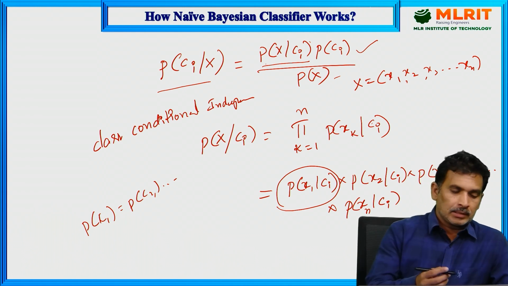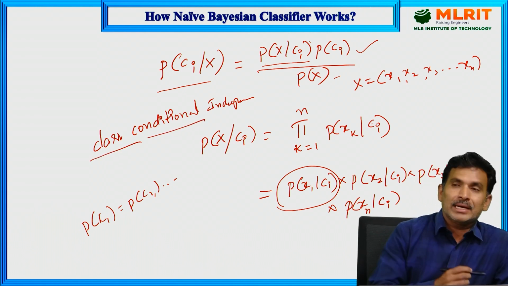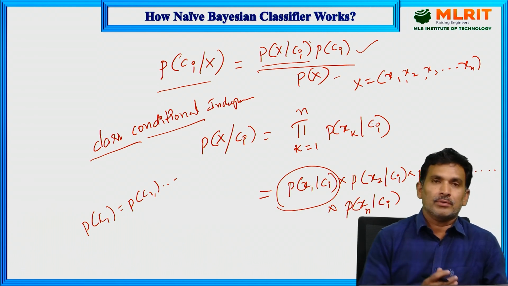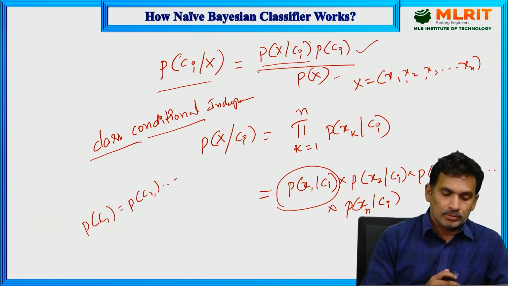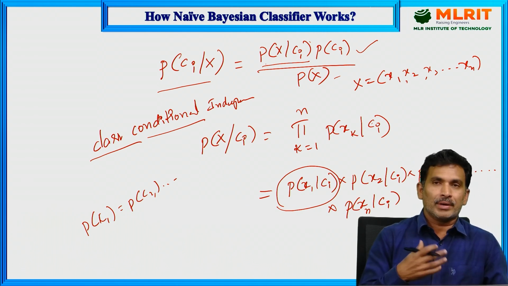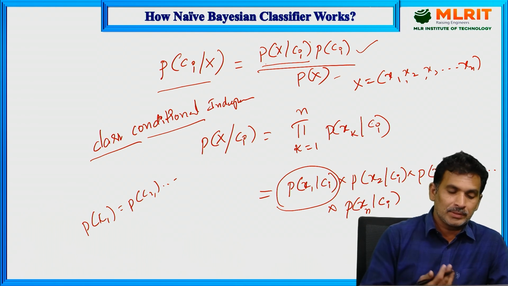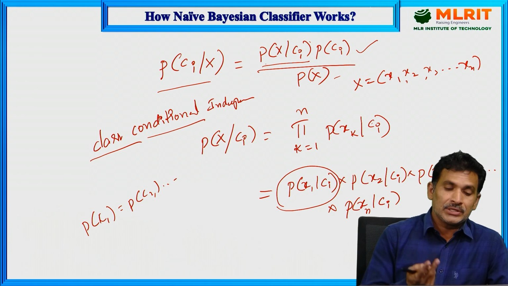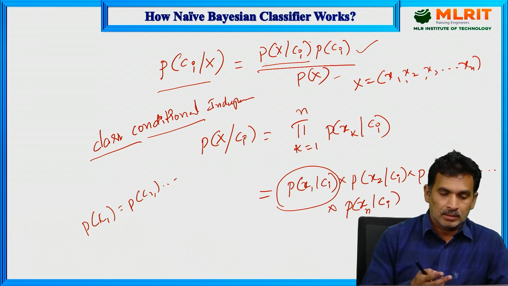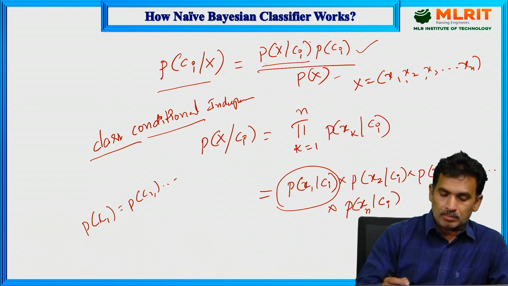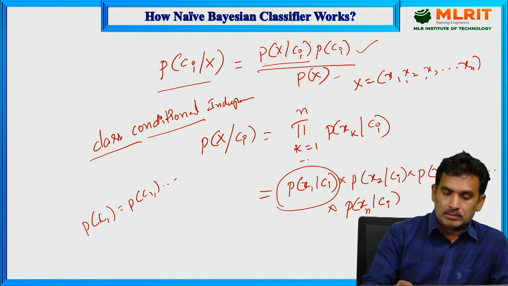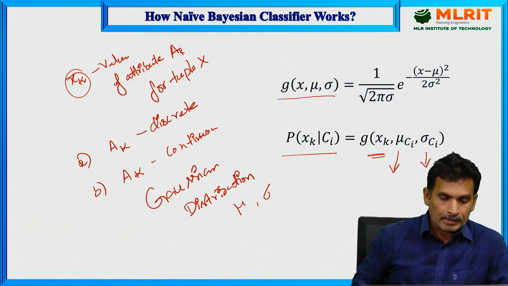And class conditional independence: because for each attribute we have to calculate this value, it would be computationally more expensive. So they assume what is called class conditional independence. That means there is no dependency among the attributes. If so, then the conditional probabilities can be calculated as a product of these.